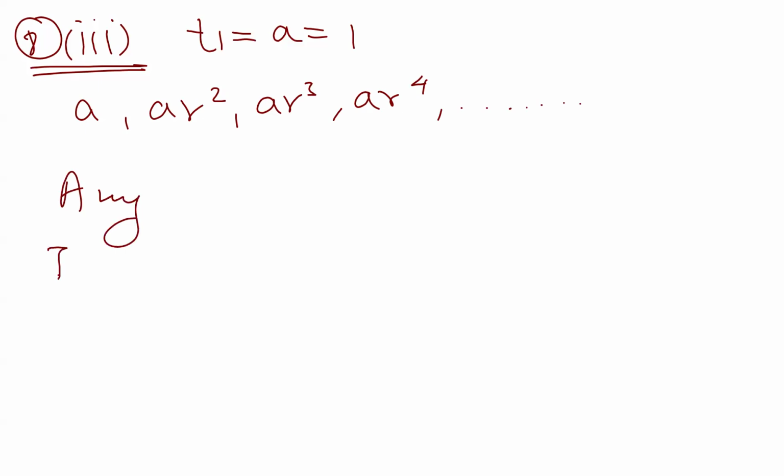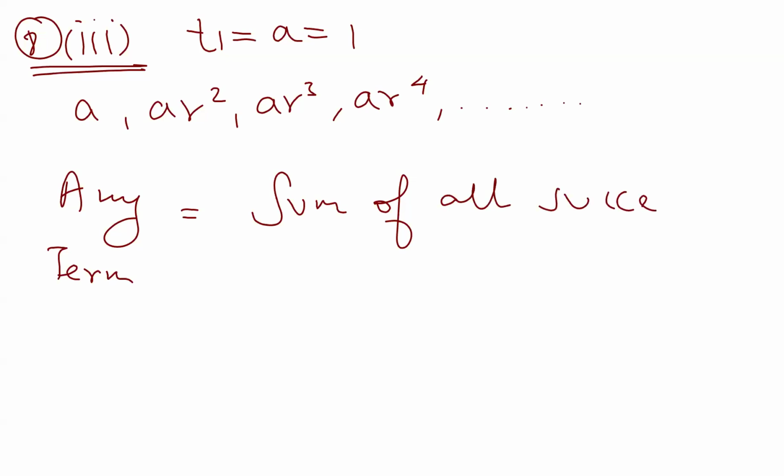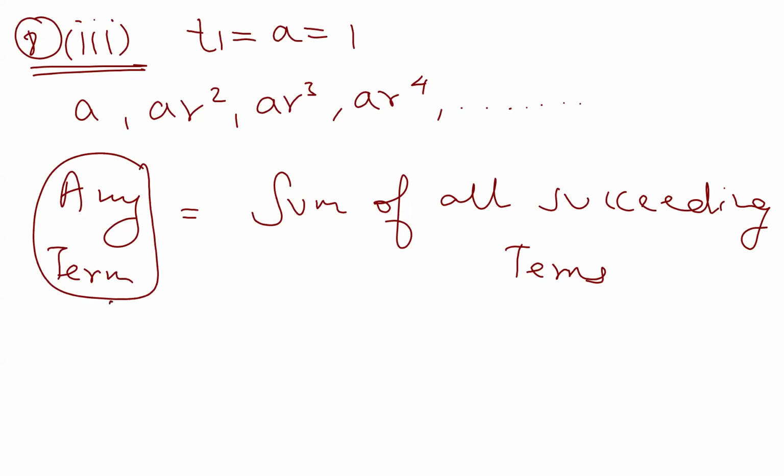Given any term is equal to the sum of all succeeding terms. So let this any term be T1. What is the sum of all succeeding terms? T2 plus T3 plus T4 plus and so on.